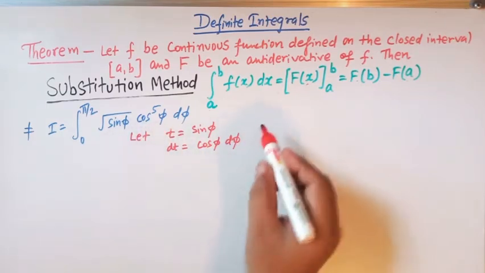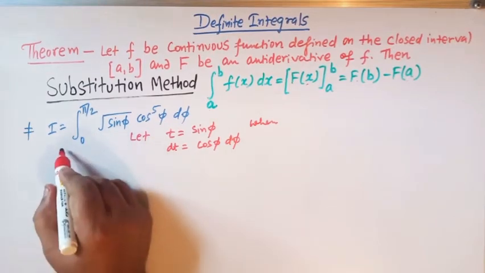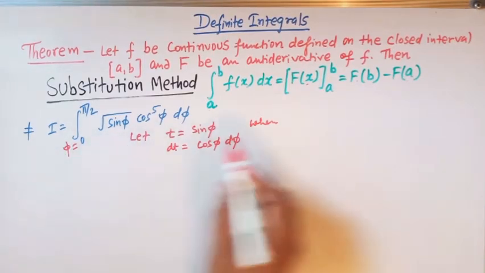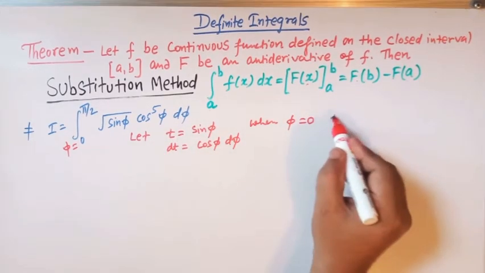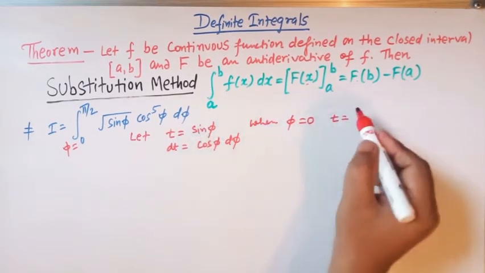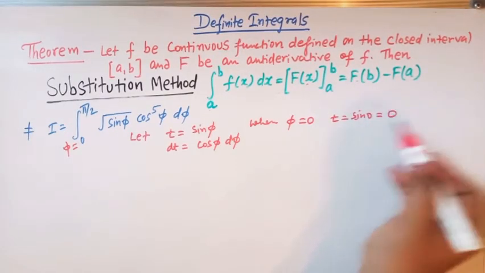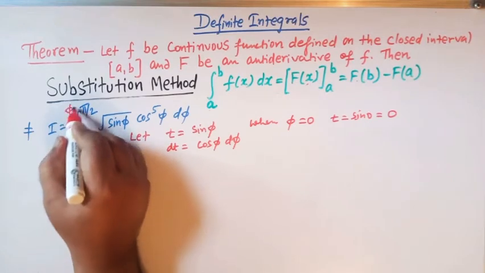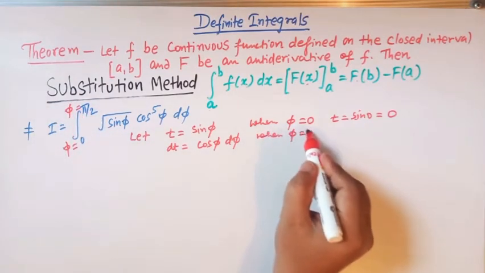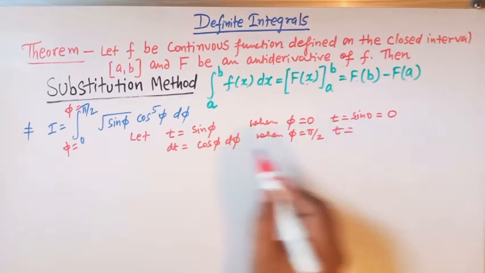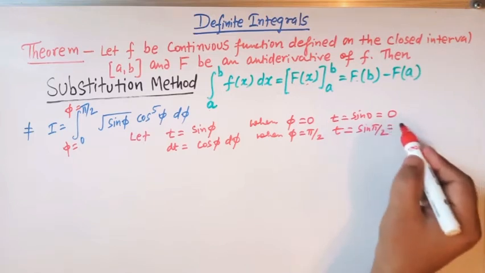Now when phi is 0, t is equal to sine 0, and sine 0 is 0. And when phi is pi by 2, then t is equal to sine pi by 2, that is 1.